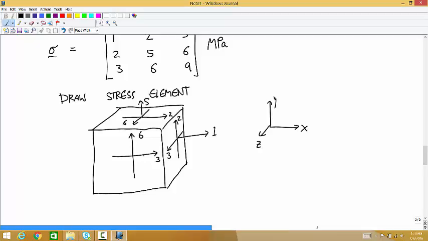And now the z face, we already have the one in the x direction. We have the one in the y direction. We just need the one normal to the face in the z direction. And that's 9. Any questions about that?